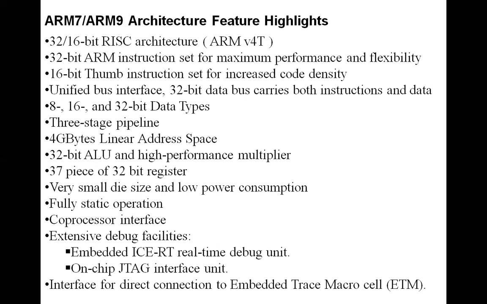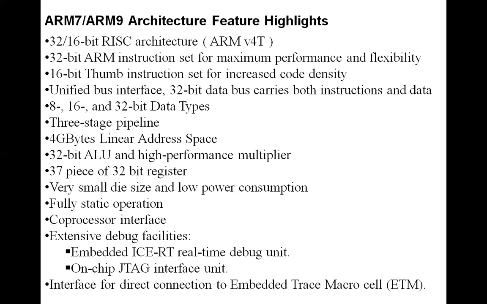Then a 32-bit arithmetic logic unit will be there, with a high performance multiplier clubbed with it. All arithmetic and logic unit operations are carried out with the help of this 32-bit unit. Then it has about 37 32-bit registers, so whatever registers are available are 32 bits in length.